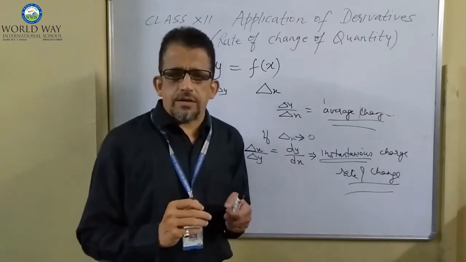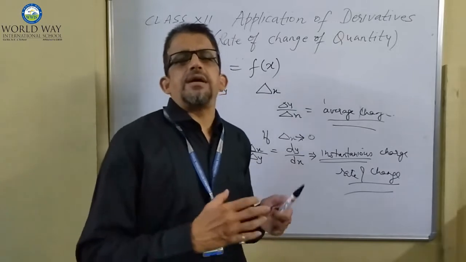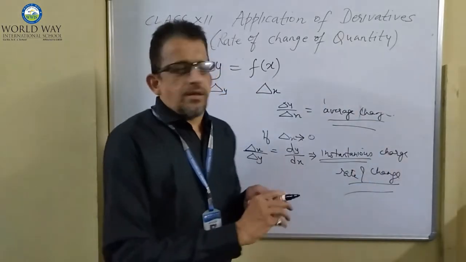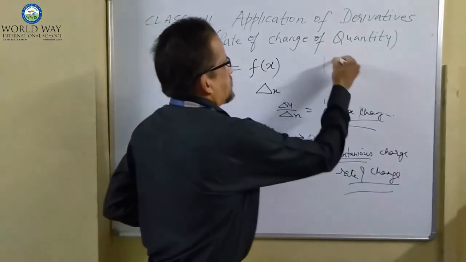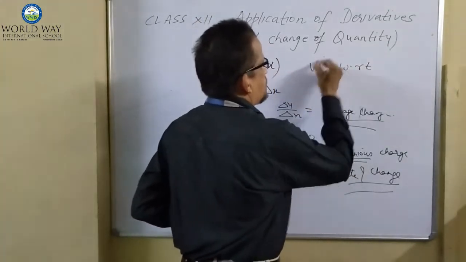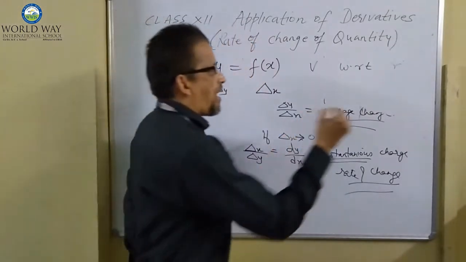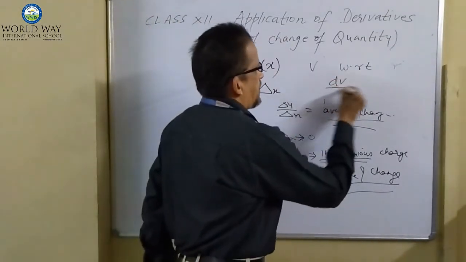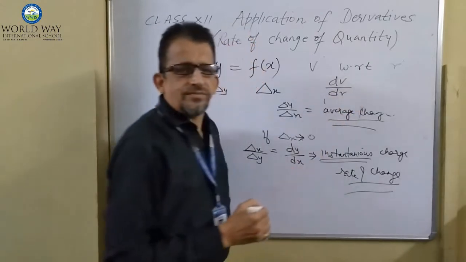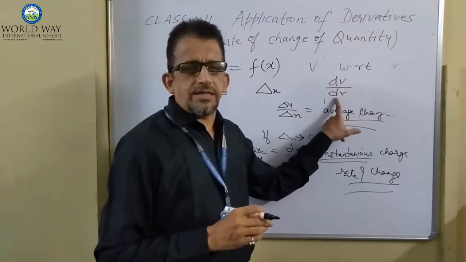So volume is considered to be the quantity and radius is considered to be one of the parameters. So volume of sphere is changed with respect to R. It means we have to find dV by dR. Here, what will V be? Volume is the quantity and R is one of the parameters.